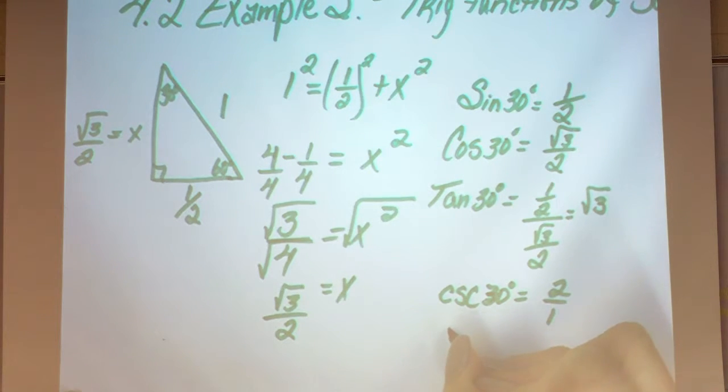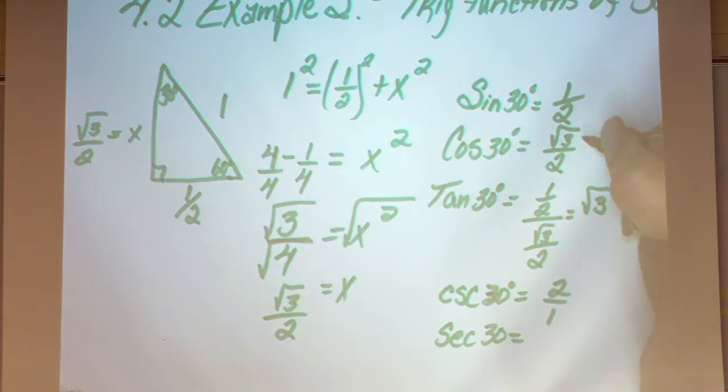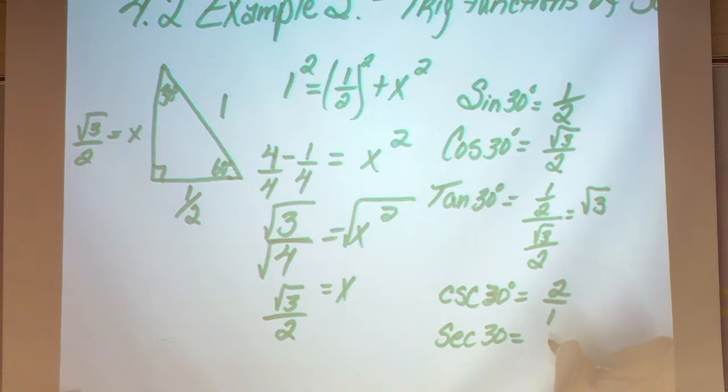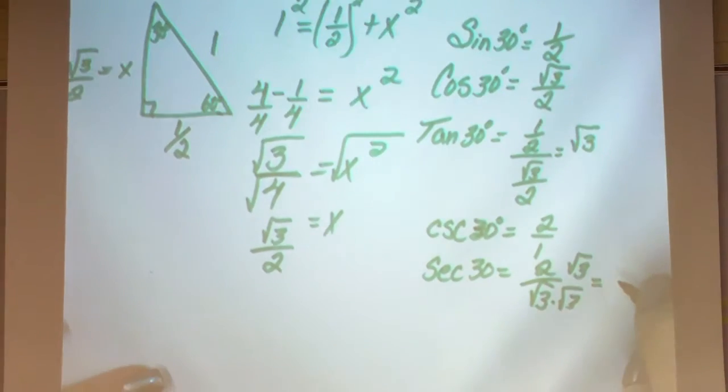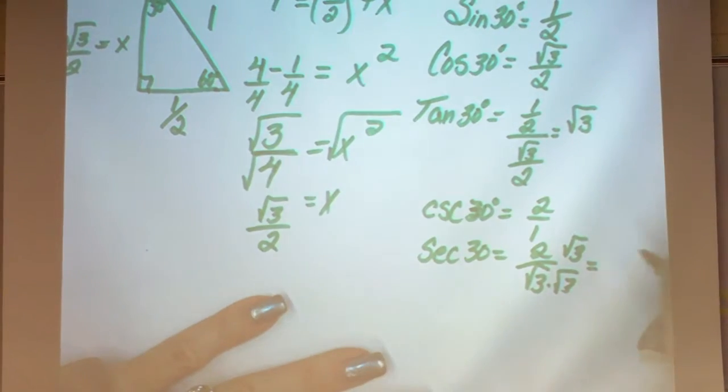Our secant of 30 would be equal to the reciprocal of our cosine, so we would end up with 2 over the square root of 3, but we need to rationalize the denominator. And so that gives us 2 square roots of 3 over 3.